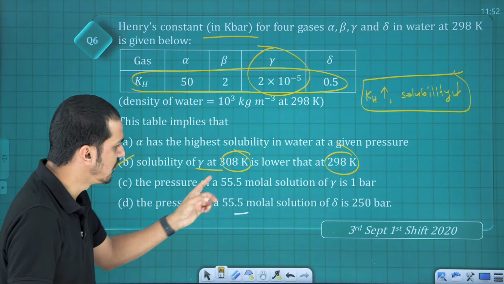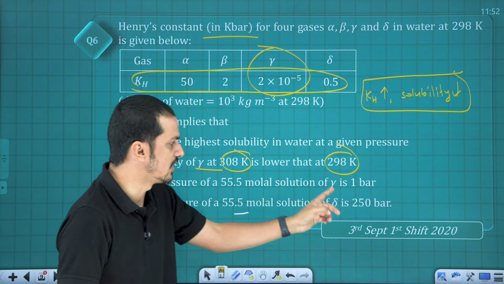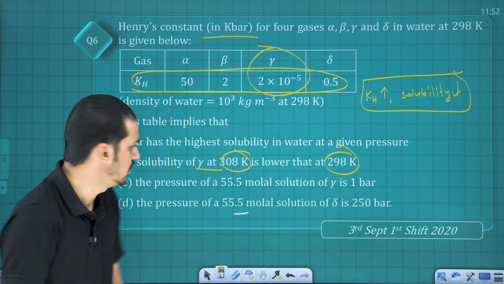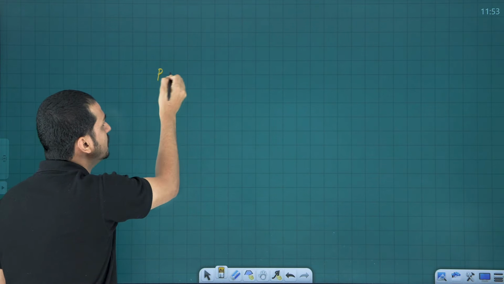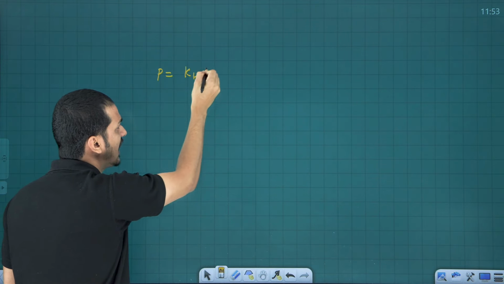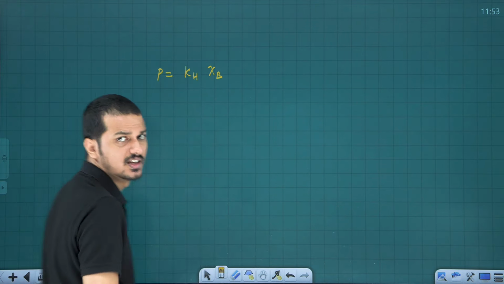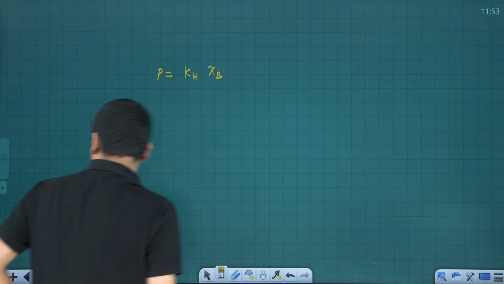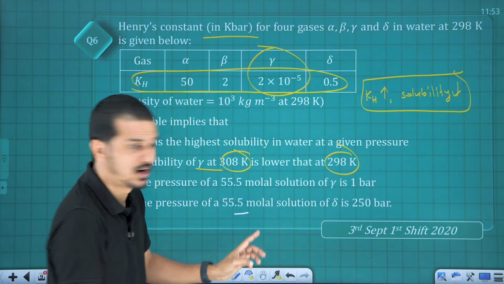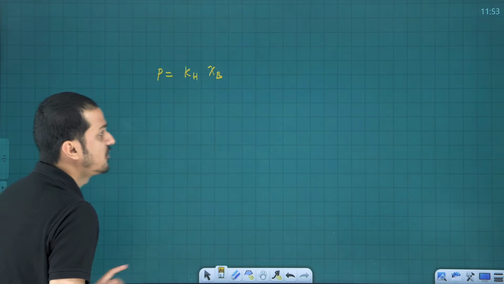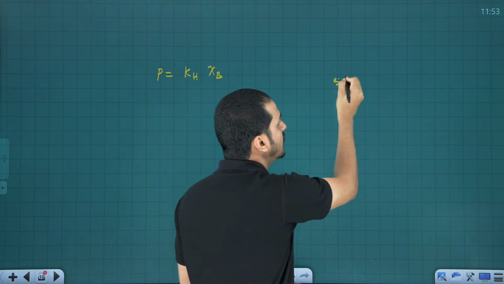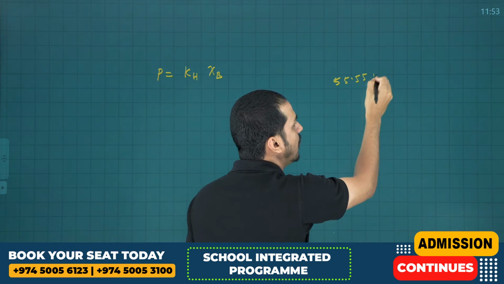The pressure of 55.5 mol solution of gamma is 1 bar. Is it so? We can look at the pressure. What's the formula for pressure? Pressure is equal to KH into chi B, that gas. To find chi B, what have they given? 55.5 mol solution. What do you mean by 55.55 mol?